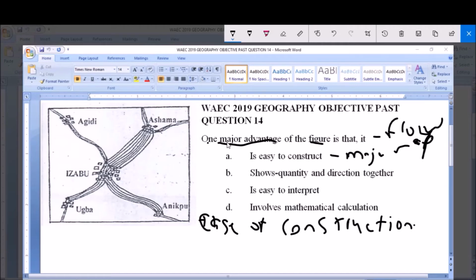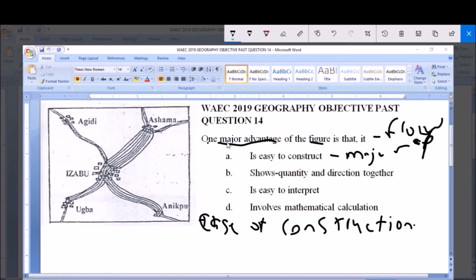Now, showing quantity and direction can be considered major because of its significance. If you take a look at the map, you can see that the number of lines represents a specific number of people or passengers in this case. That is showing quantity, and then it's also showing the direction of travel.